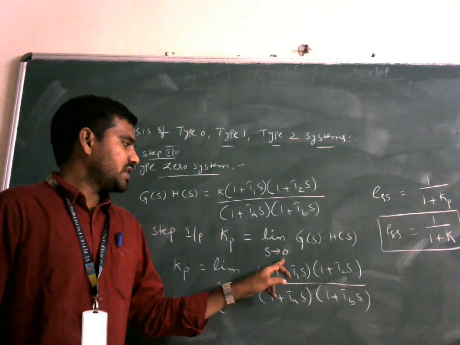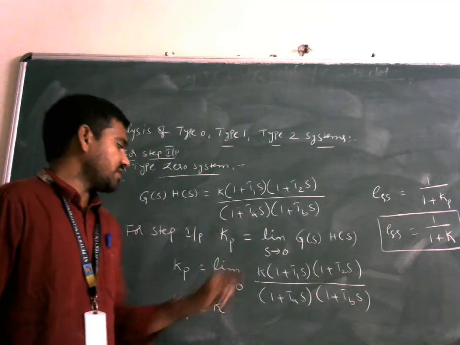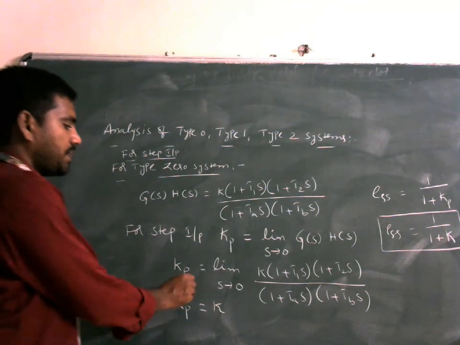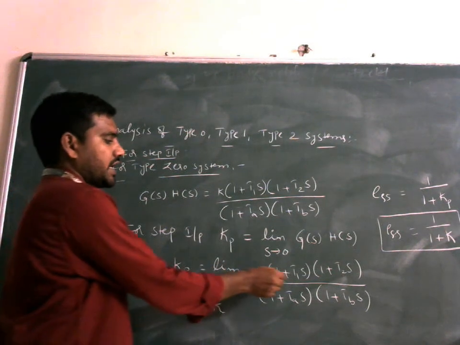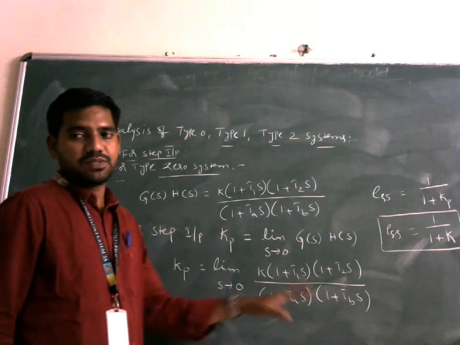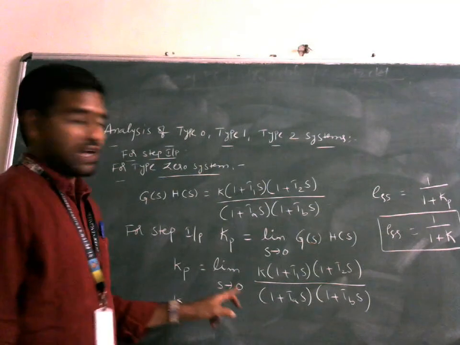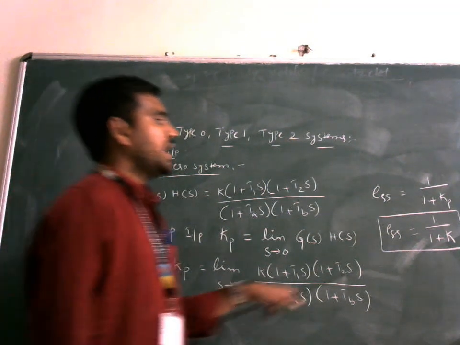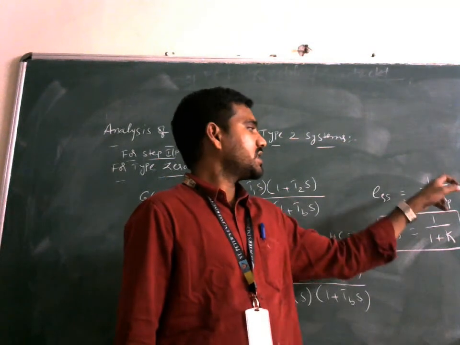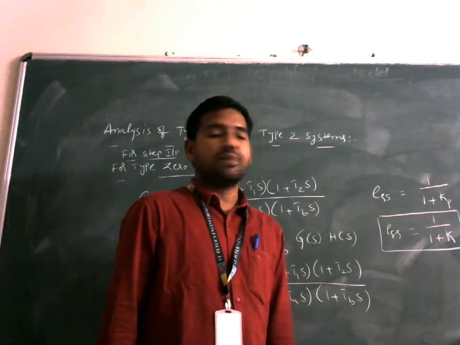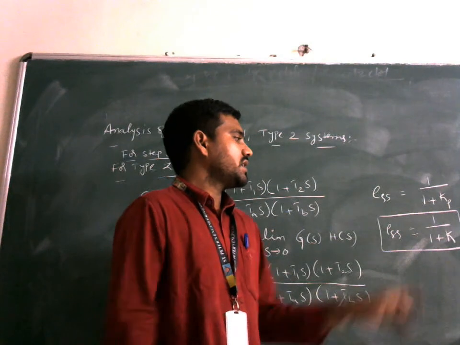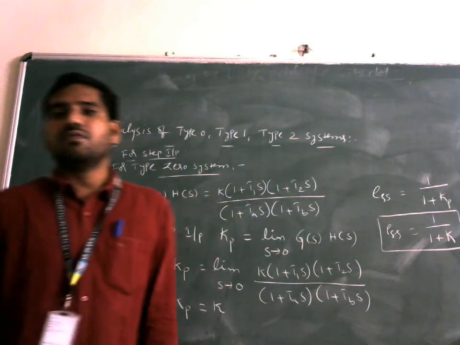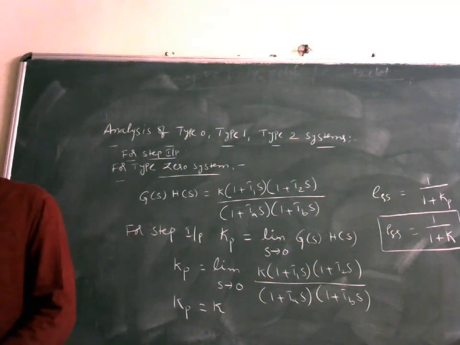Kp is equal to limit s tends to 0 of G of s into H of s, so substituting, we get Kp equal to K. Similarly, ESS is equal to 1 divided by (1 plus Kp), that is 1 divided by (1 plus K).